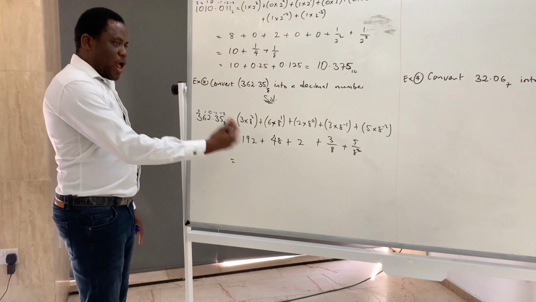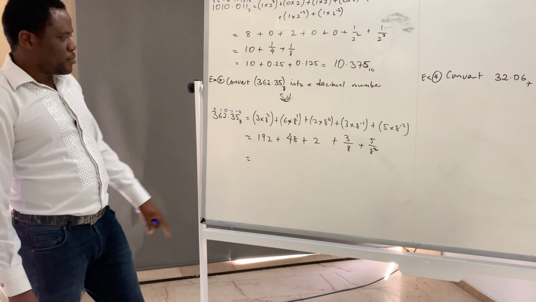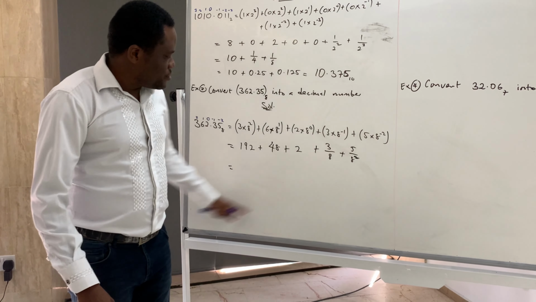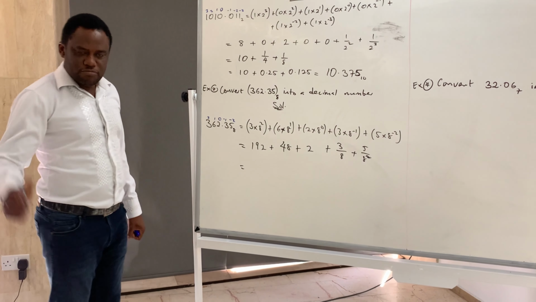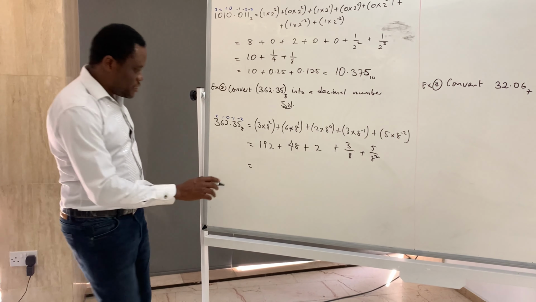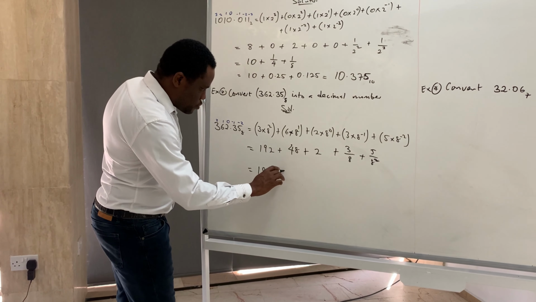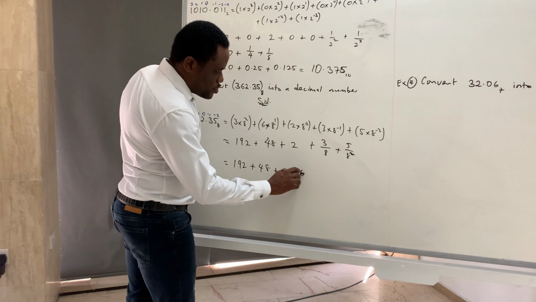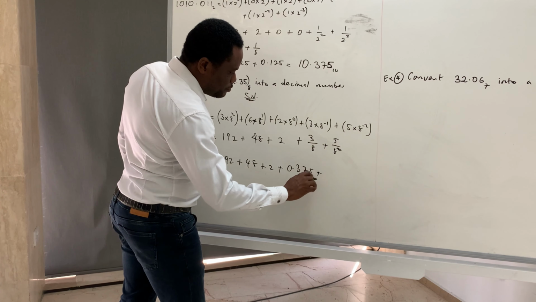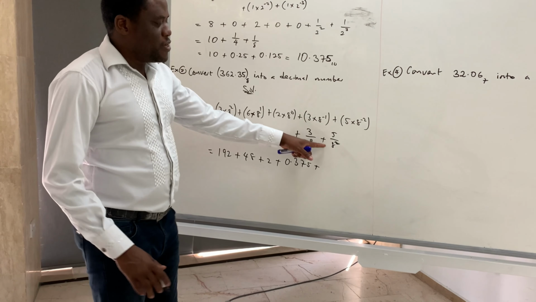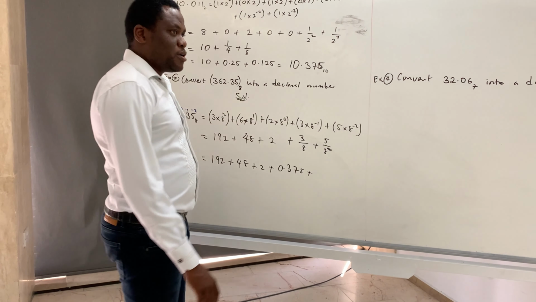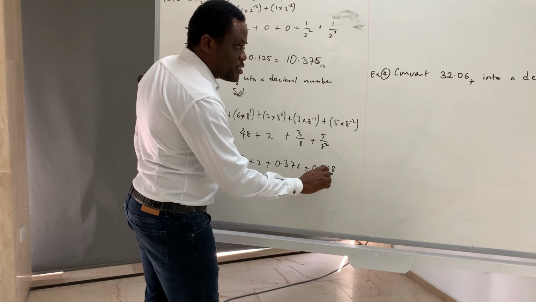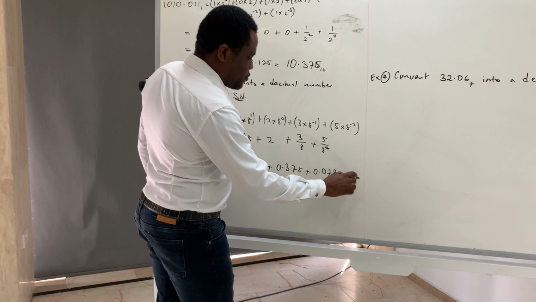Now, add the whole number parts. Divide this the way we did here. Sum everything together. So, try that. Okay, let me write this. This is 192 plus 48 plus 2. 3 divided by 8 will give us 0.375. 5 divided by 64 gives us 0.078125.